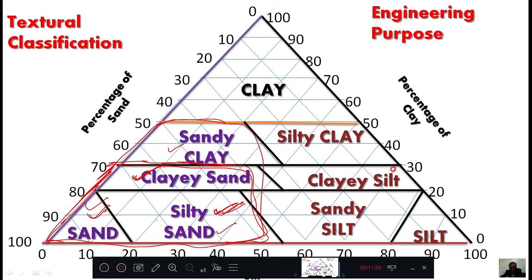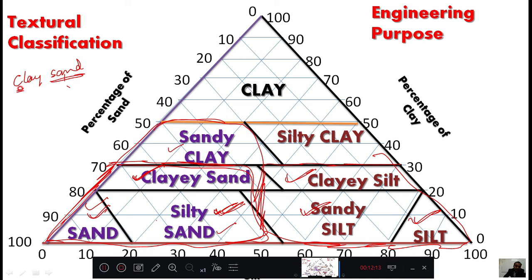Like that, silt also we have up to here only, up to here this is a silt. Okay, and here this is a silt, this is a sandy clay silt, and this is a clay silt. You should always remember that whenever it is said clayey sand, it means the sand proportion is more than the clay.